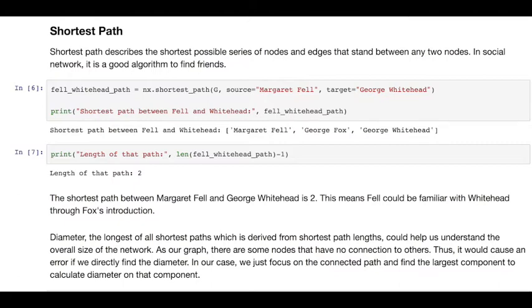And diameter is a new measure in graph analysis. It means the longest path of all the shortest paths. So it usually helps us to understand the size of the entire network. Here, the network diameter is 8.